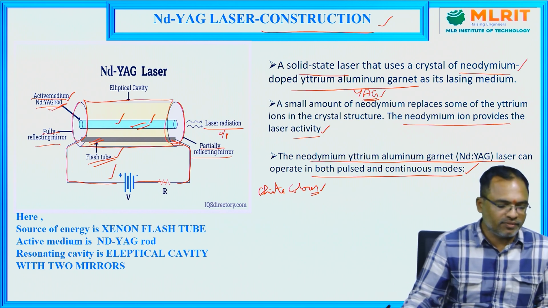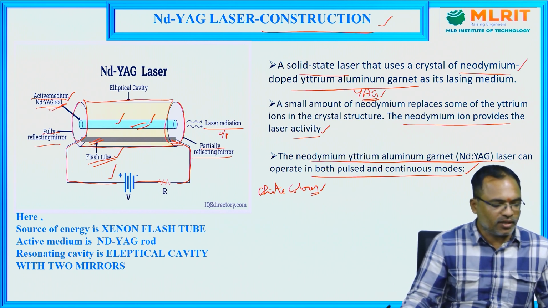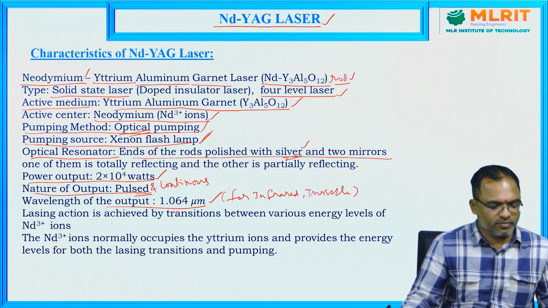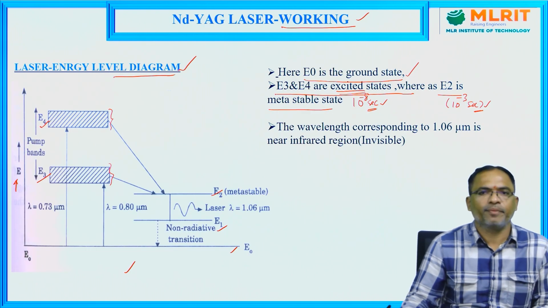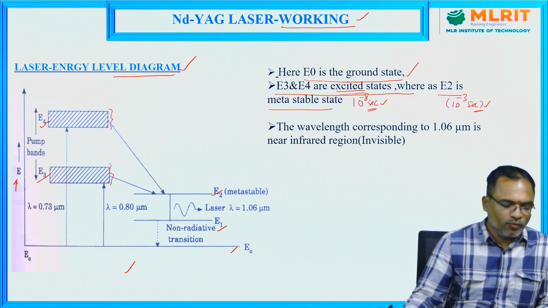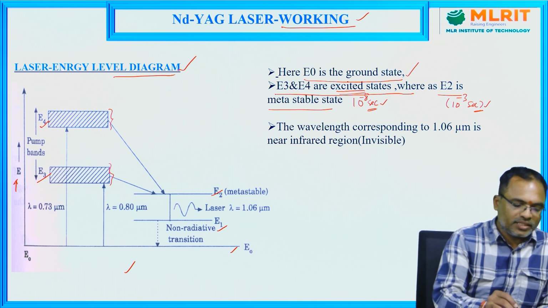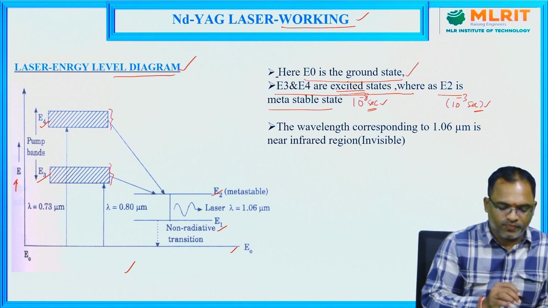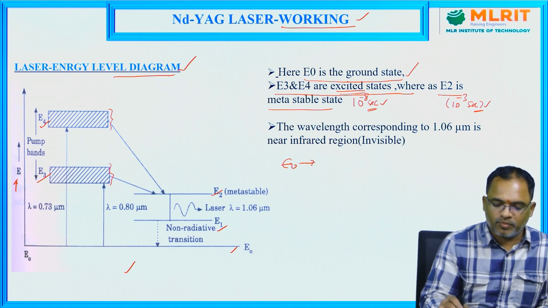In this Nd-YAG rod, neodymium atoms are going to absorb energy. Based on that, they will move into the two excited states E3 and E4. Some of the neodymium atoms move from E0 to E3, and some more will move from E0 to E4.